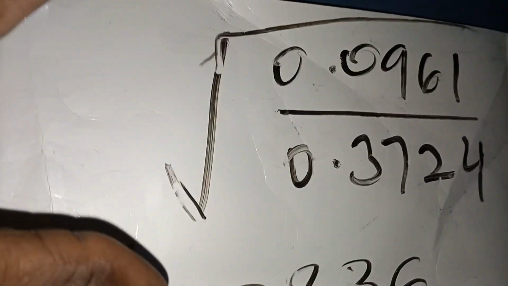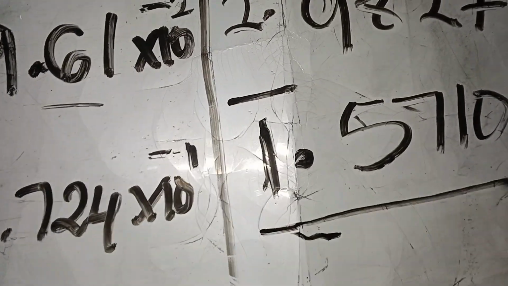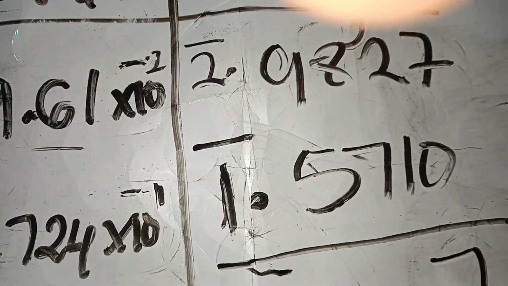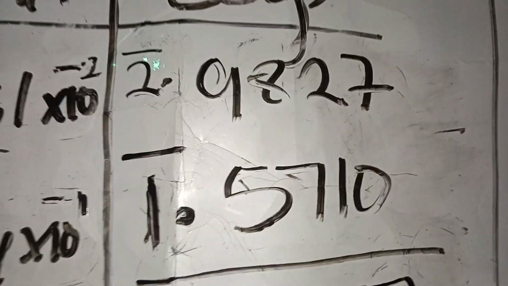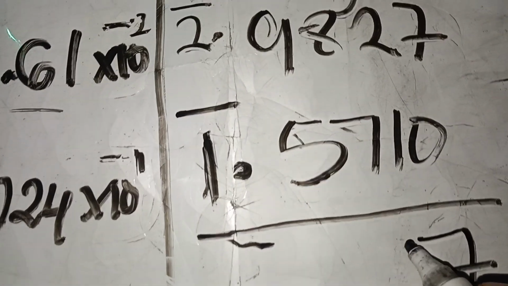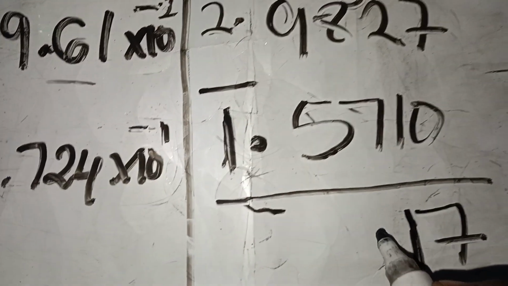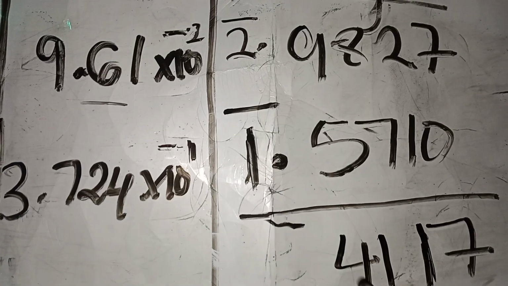If it was multiplication, I would add. So let me minus. So 7 minus 0, we get our 7. So 2 minus 1, we get 1. 8 minus 7, we get 1. 8 minus 5, we get 4.